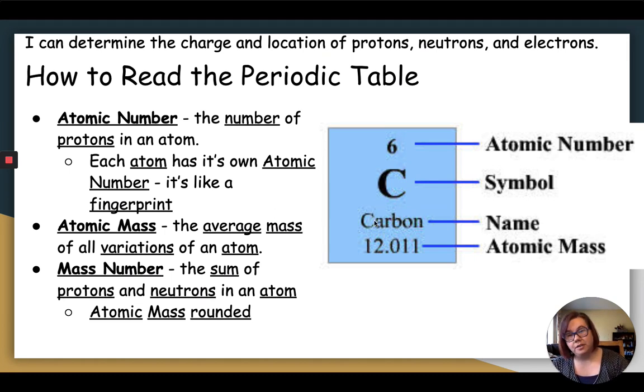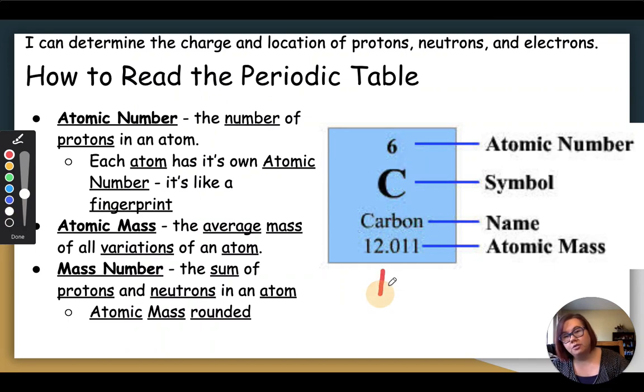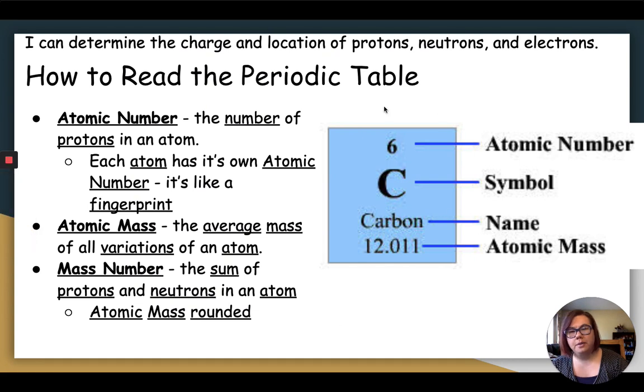So for example, in this carbon example, we've got 12.011, which would just round to 12. Because the digit after the decimal point is 0, it would simply round to 12 and stay at 12. Okay? Pretty straightforward bits of information off of our periodic table square. You'll get very familiar with these, but that's our quick definition of what those numbers are.